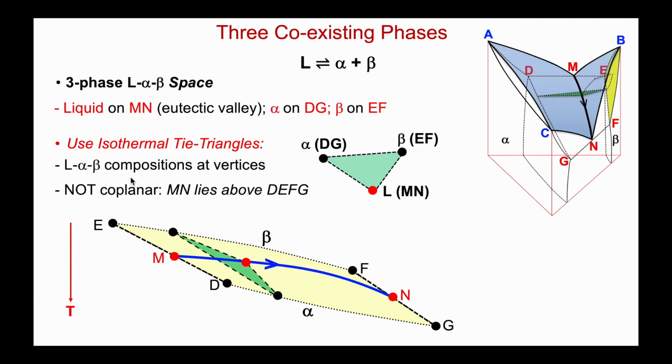And now I'm using an isothermal tie triangle; the compositions of alpha, beta, and liquid at the vertices will cool down, the triangle will shift, the compositions moving along their respective lines. So here's a lower temperature, again an isothermal tie triangle. Keep on cooling. Here's another isothermal tie triangle again showing the progression of this liquid down Mn. So I hope this gives you some sense for the dimensionality of this three-phase space.